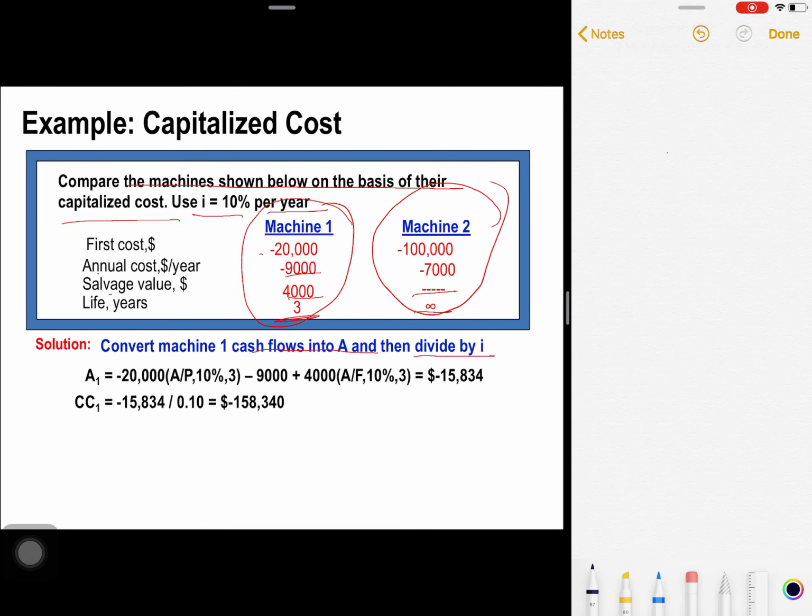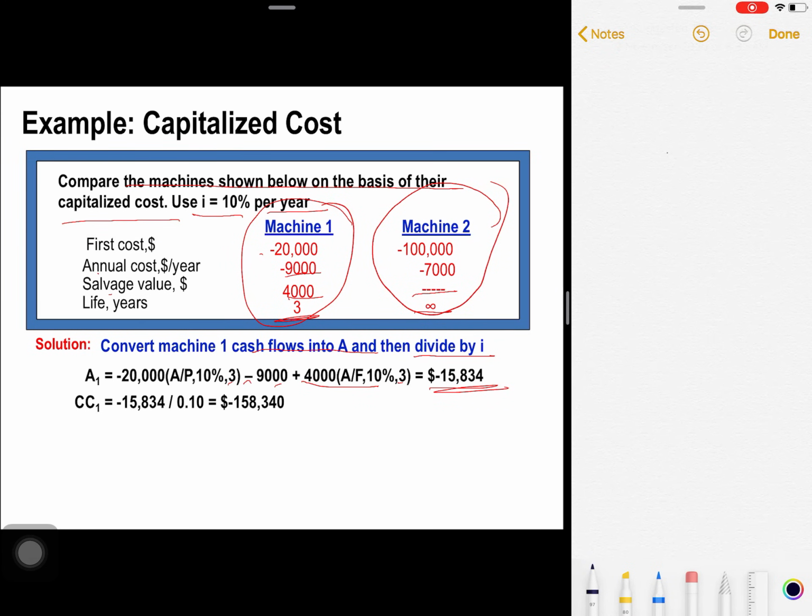Right. Convert all machine 1 cash flows into A and divide them by i. So for A, okay, it's negative $20,000 times (A/P, 10%, n equals 3) minus $9,000 plus the salvage value times (A/F, 10%, n equals 3), we get this figure.